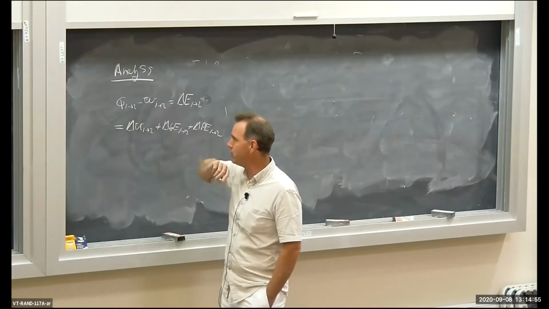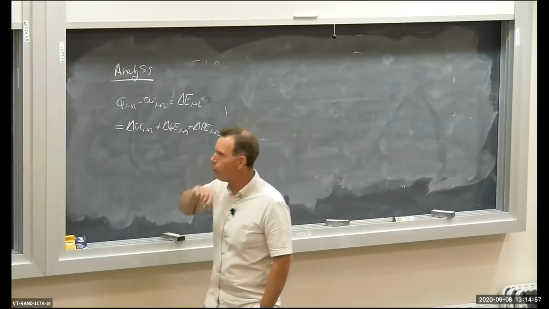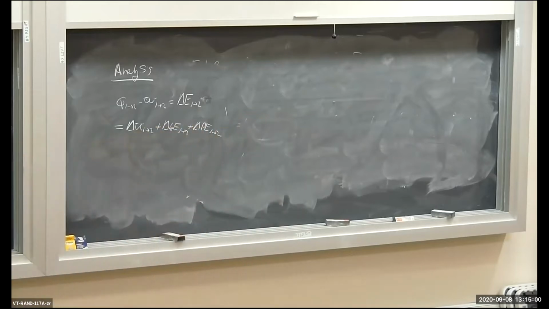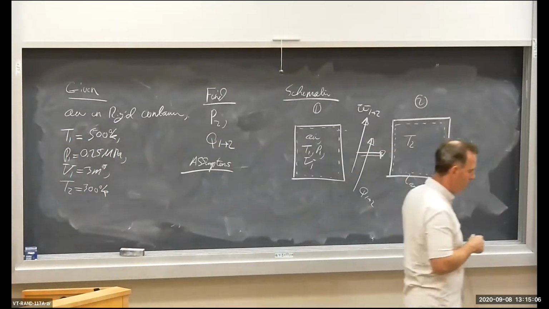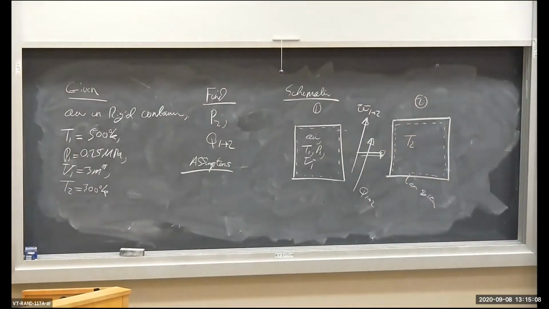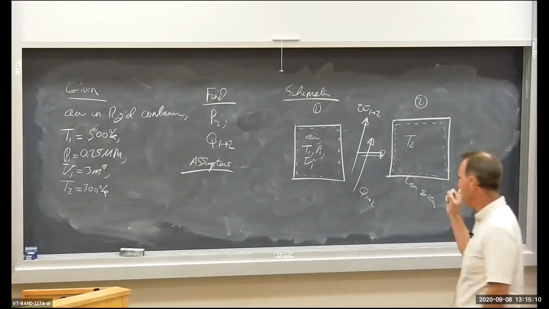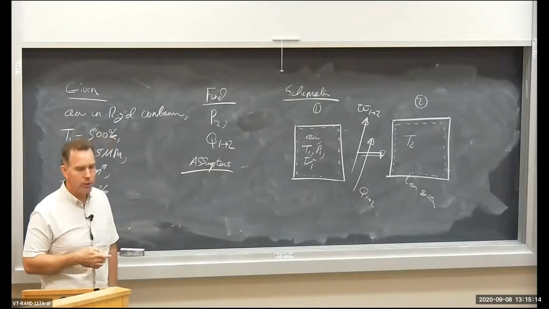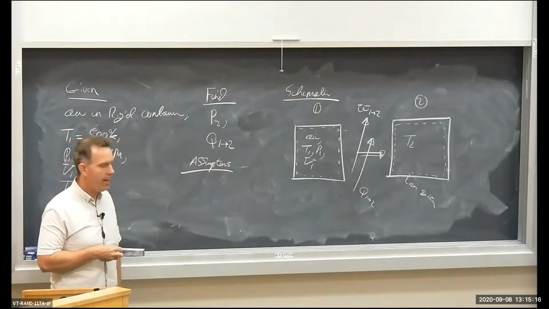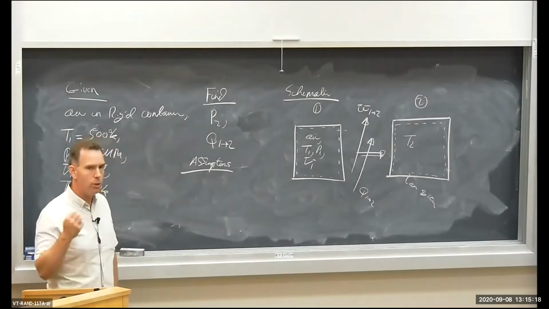So let's attack the work term. What sort of work is involved with this situation? Well, remember there are 3 forms of work as far as you're concerned at the moment: boundary work, shaft work, and electric work. You see any wires in this problem? Any resistors in this container? I don't see any, so there's no electric work.